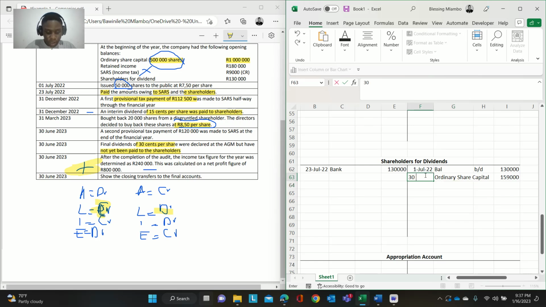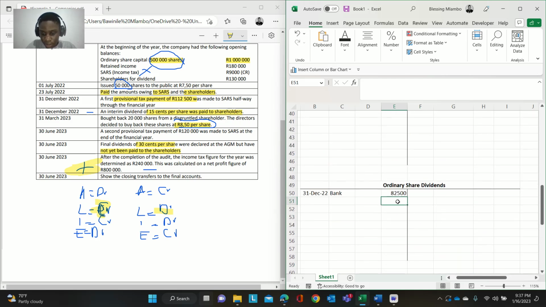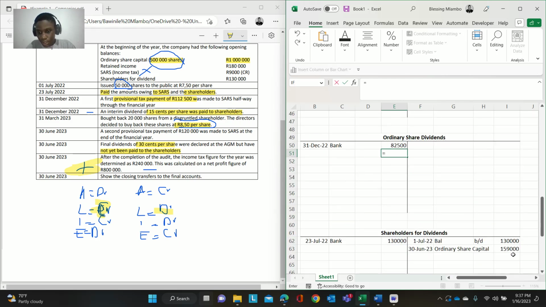So this is on the 30th of June 2023. It's going to be debited by 159,000. So this is from the shareholders for dividends.